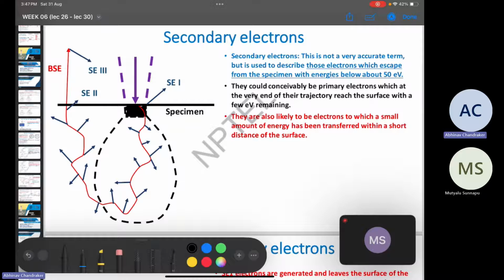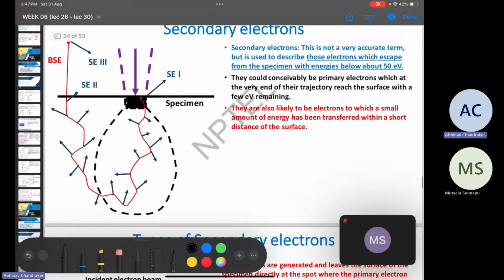So now I have already told what the secondary electrons are. This part should have come before in the slide, so the content arrangement can be improved a bit. These are electrons which escape from the specimen with energies below 50 electron volt. And because they come out with very little energy, they are knocked out electrons basically.